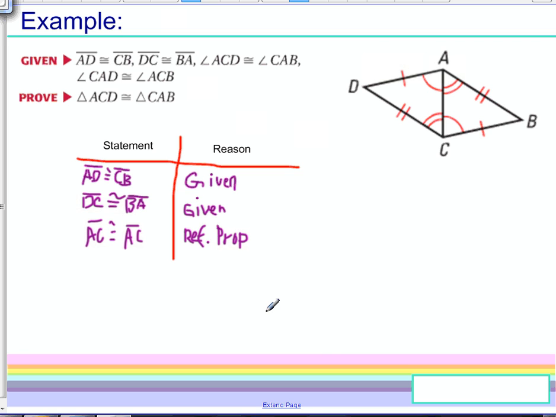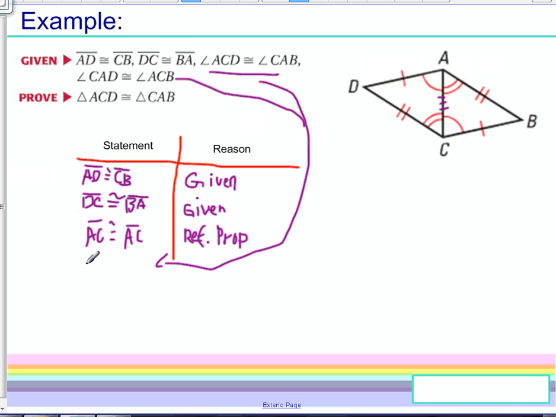If you recall, the reflexive property just states that AC is congruent to AC, which means anything can be congruent to itself. So in that case, we now have the three sides that are congruent. Now I can go through and say, all right, that can go there because of given. Same with that, that can go there as well as given. Okay, so I have my two angles.